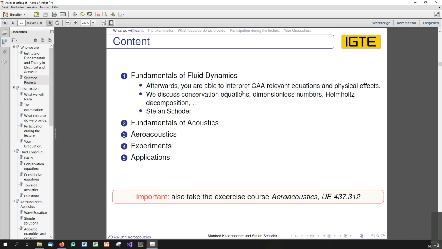More details on fluid dynamics. After this section, you will be able to interpret aeroacoustically relevant equations and physical effects. We will cover conservation equations, dimensionless numbers such as the Mach and Reynolds numbers we heard before, and the Helmholtz decomposition will be taught by me.